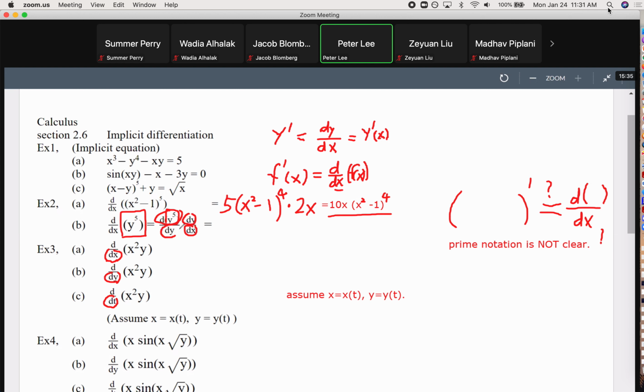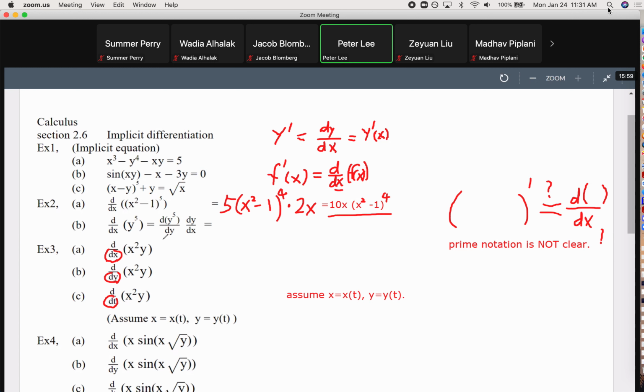And so this part right here is the chain rule. Is that the chain rule? Yeah, that is exactly what the chain rule is. Putting a dy there, that's what we call the chain rule. But overall, this procedure is called implicit differentiation. So what is implicit differentiation? It is the chain rule. Really, there's not much distinction.